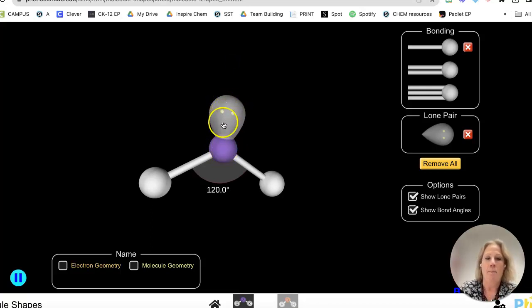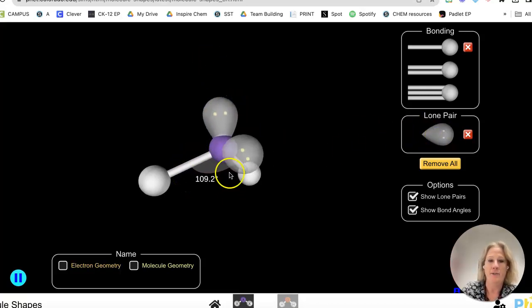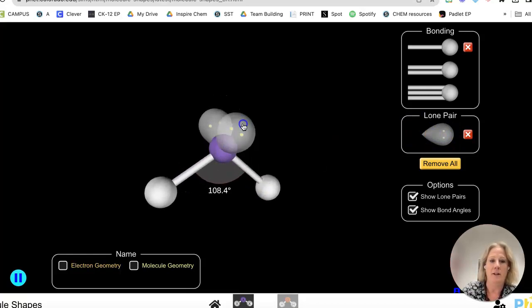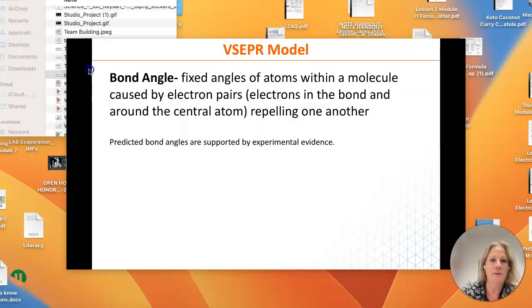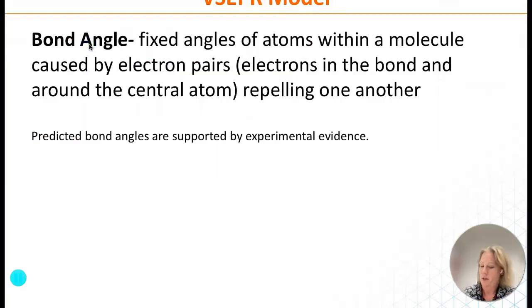They will push and repel those other negative electrons away. The more lone pairs, the smaller that angle gets. It's weird, it didn't show it, but it should have gotten a little bit smaller. So, yeah, back to the notes.